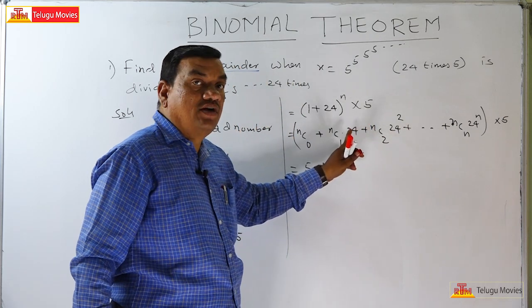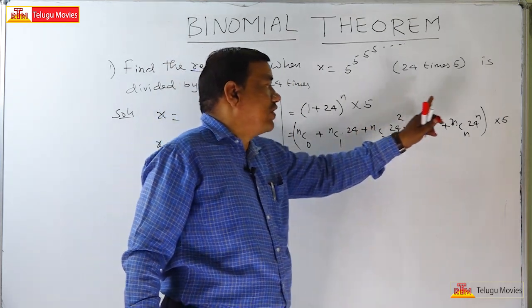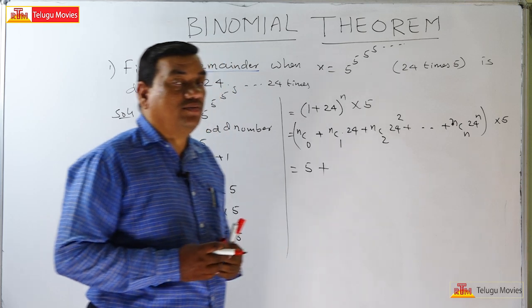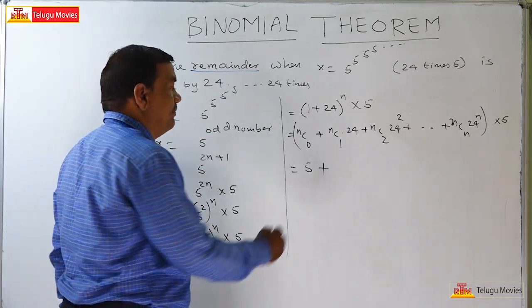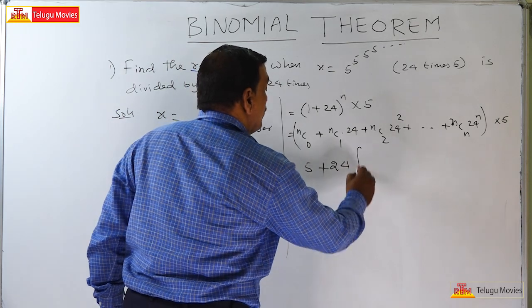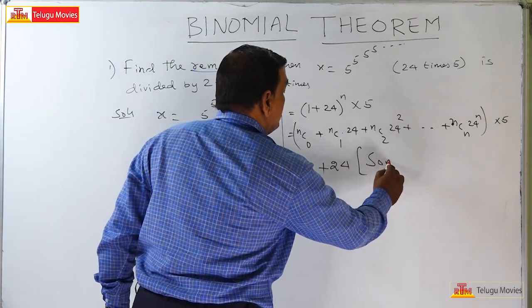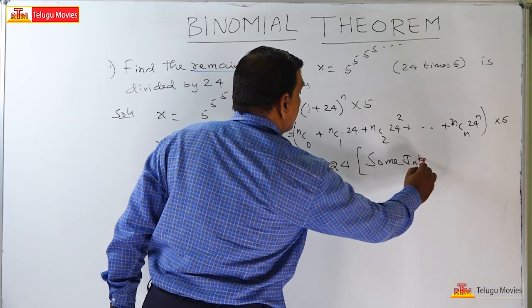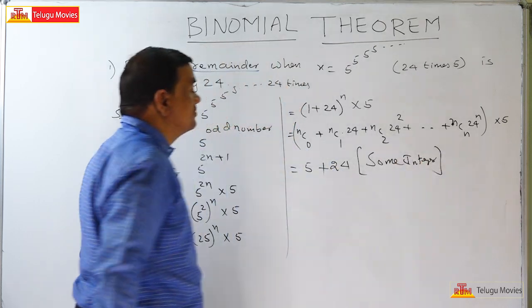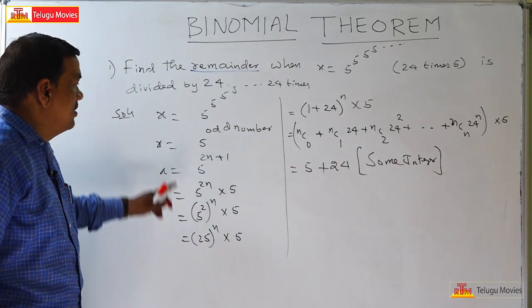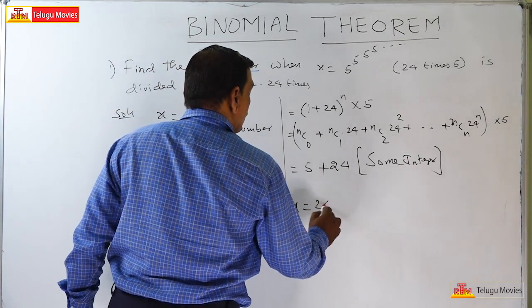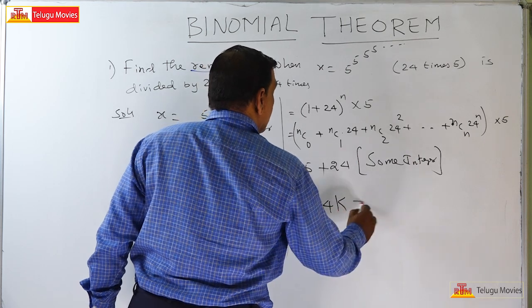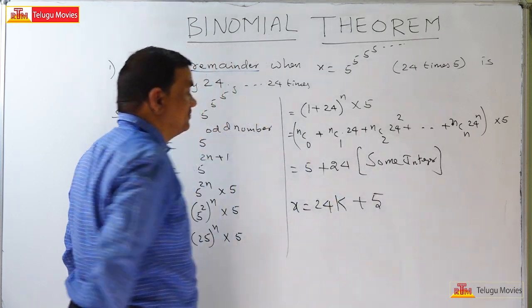Again, if you see 24 square up to 24 to the power of n, you can take 24 common outside. That means 24 into some integer. On the whole, our x is equal to 24 into some integer plus 5.